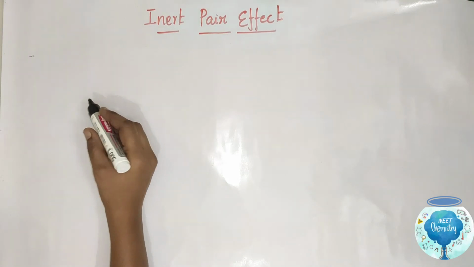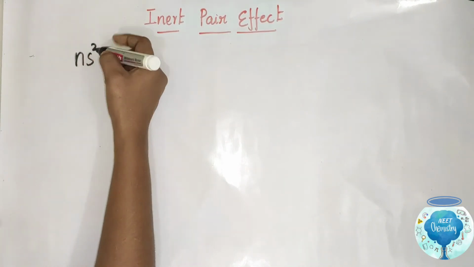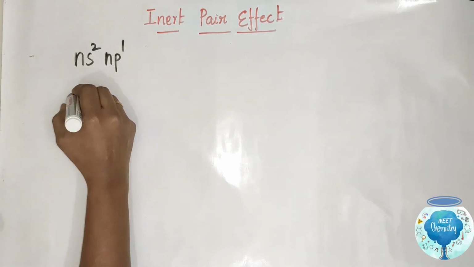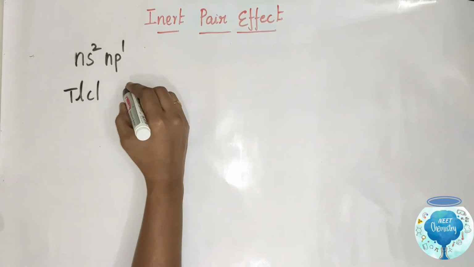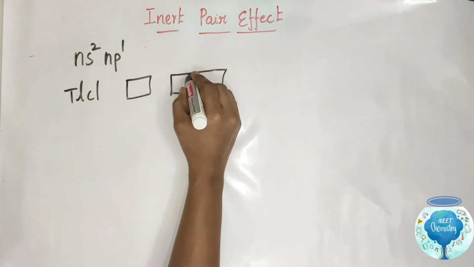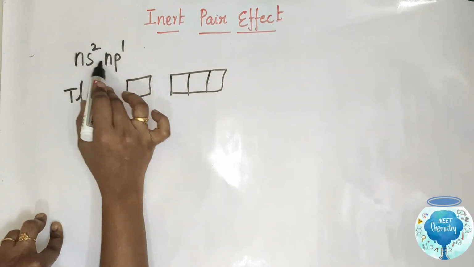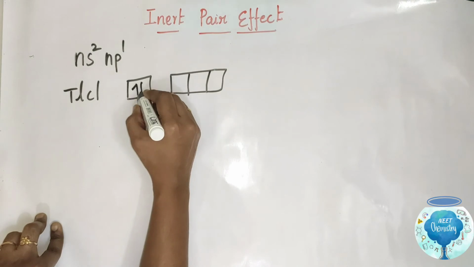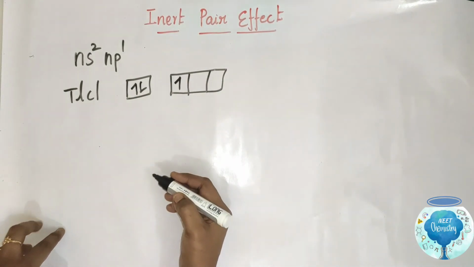According to thermodynamics, the boron family has the electronic configuration ns2 np1. For thallium chloride, the s orbital has 2 electrons and the p orbital has only 1 electron.